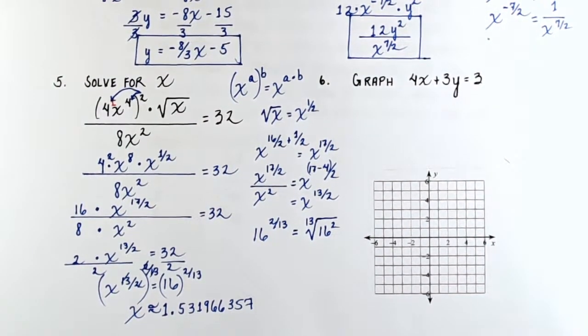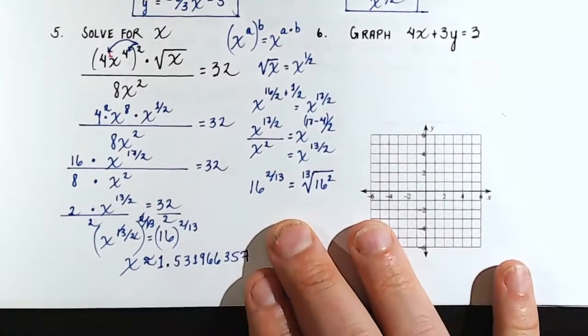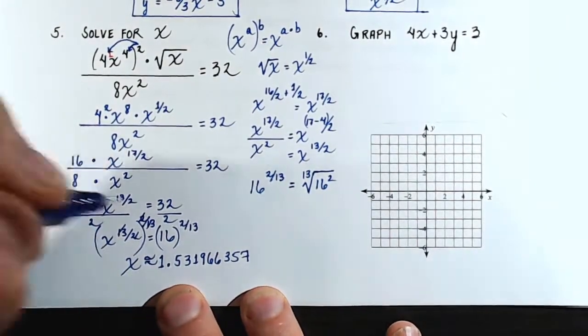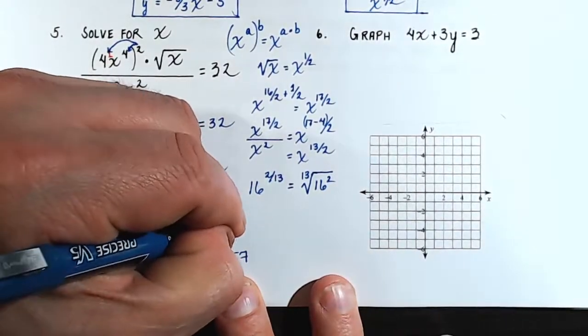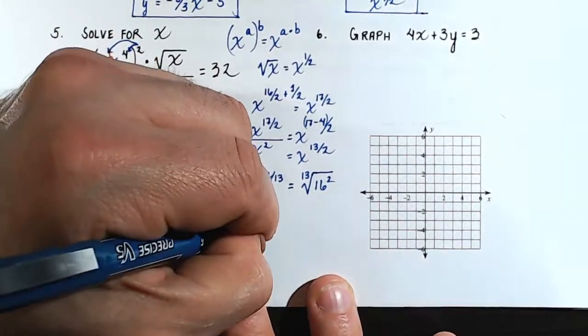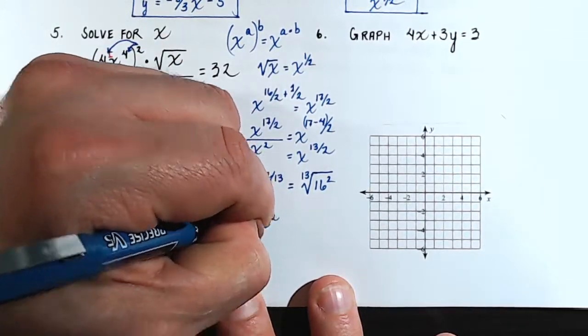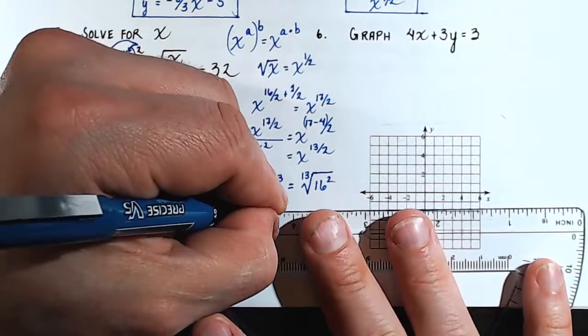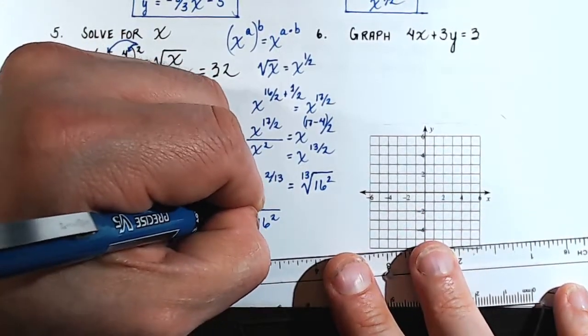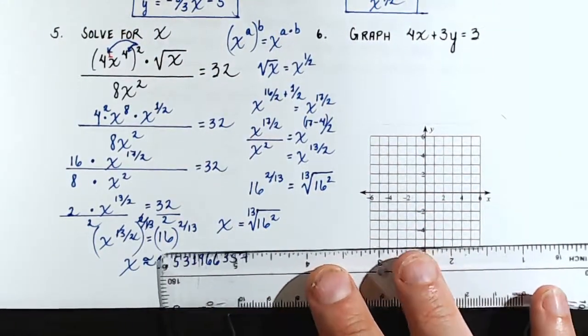If you wanted to leave this in a form that would be exact, you would write x equals the 13th root of 16 squared. Okay, and that would be fine.